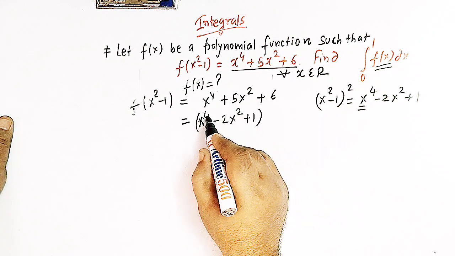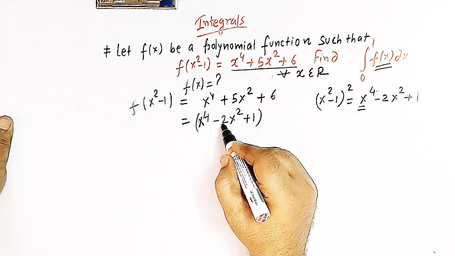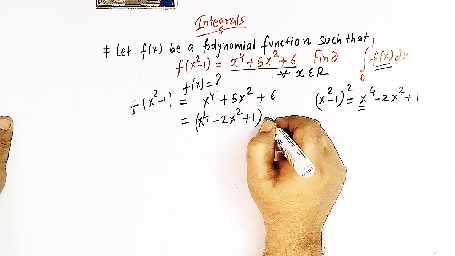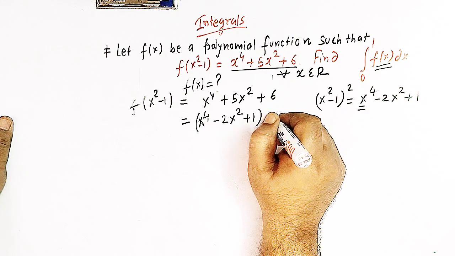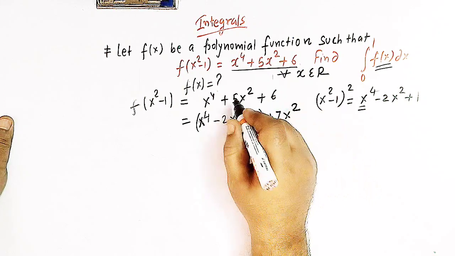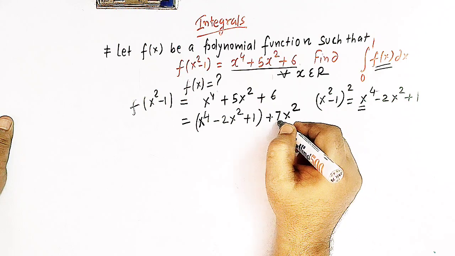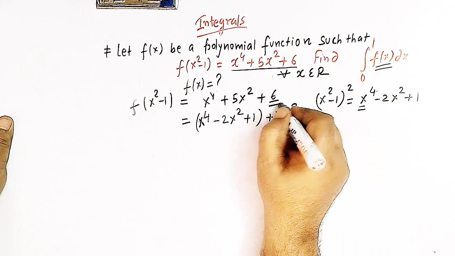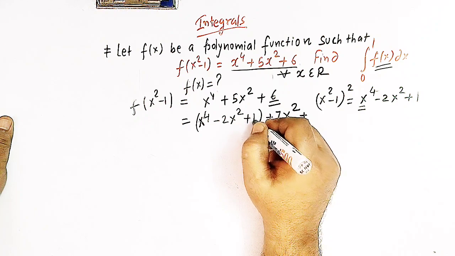So here we have x raised to 4, then here we have minus 2x square, but here we have 5x square. So what we have to do, we have to write here 7x square, because 7 minus 2 is 5. So we have to add 7x square, and here we have 6 and we have already 1 here.